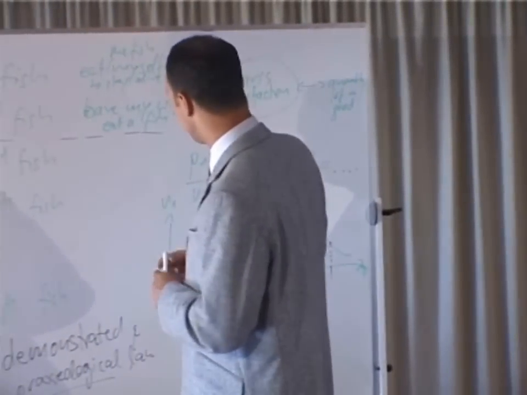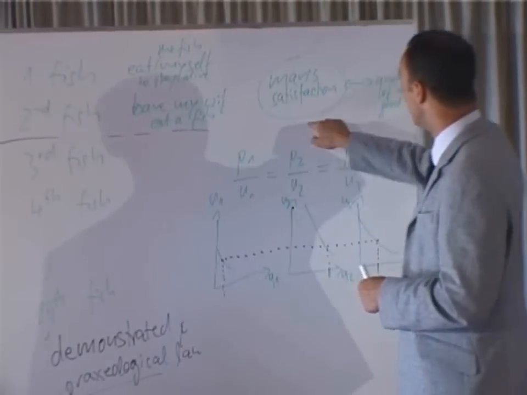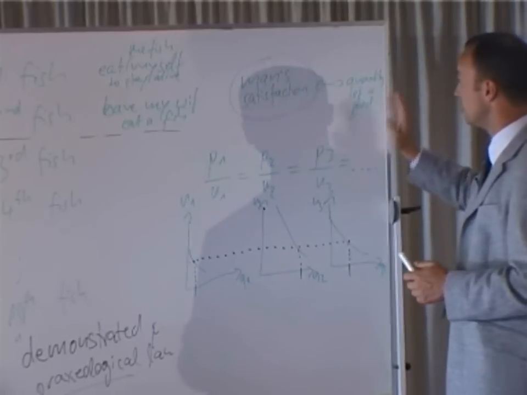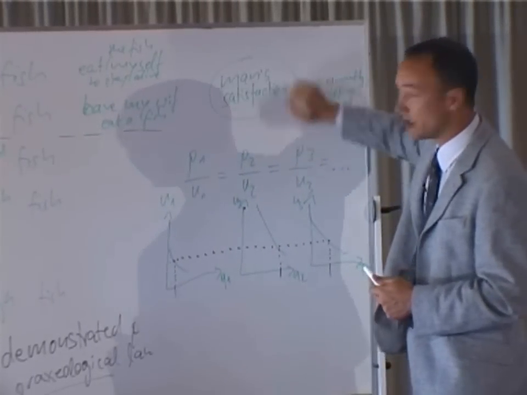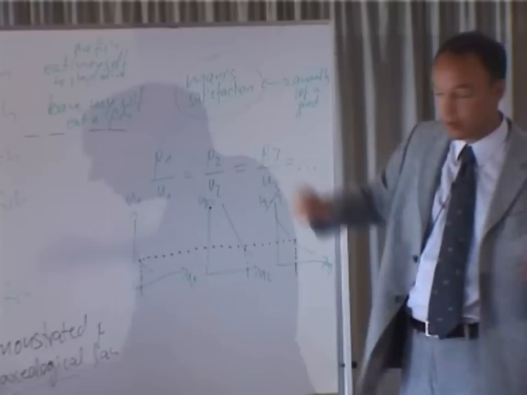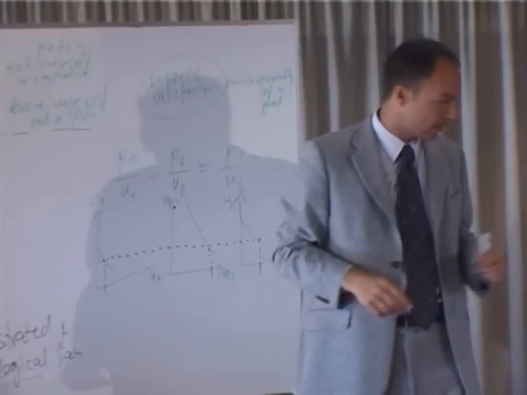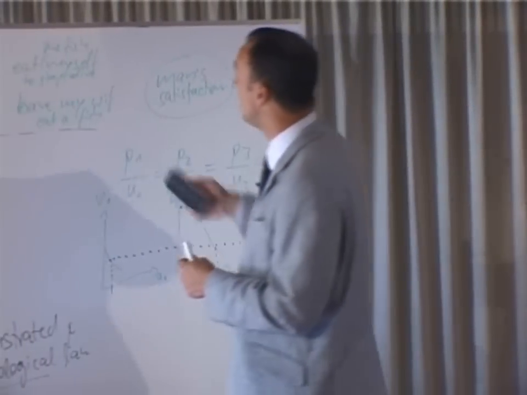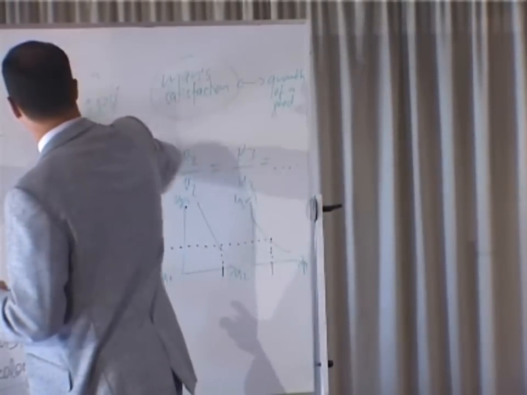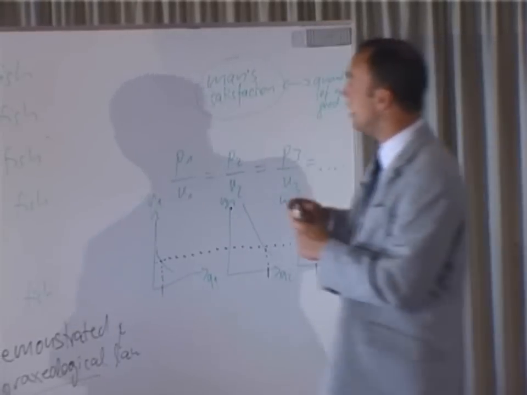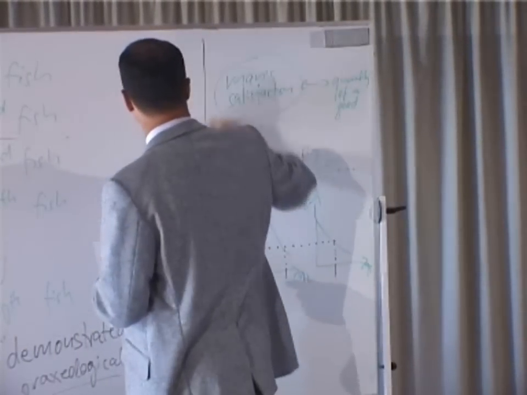What Menger does, so we have not these two-sided relationship, man's satisfaction and the quantity of a good. This homogeneous blob, man's satisfaction, all the same. So what we have in Menger is in fact a trilateral relationship.